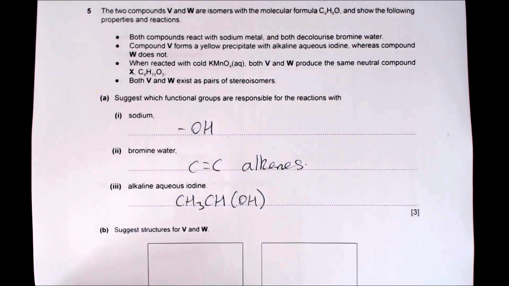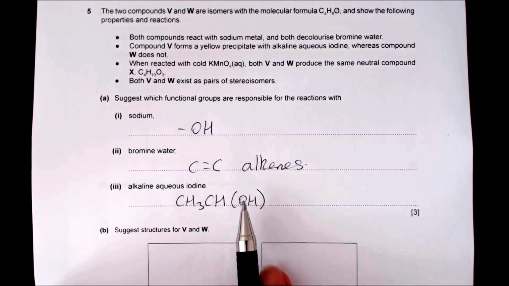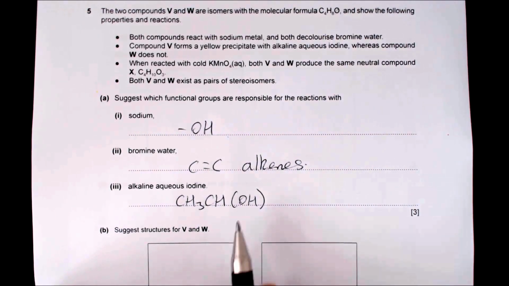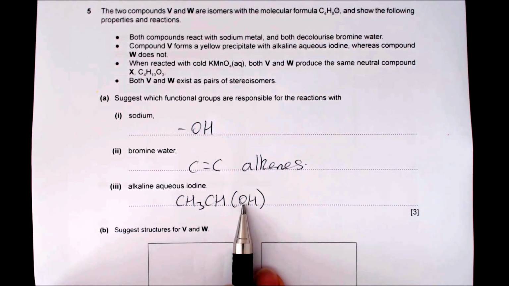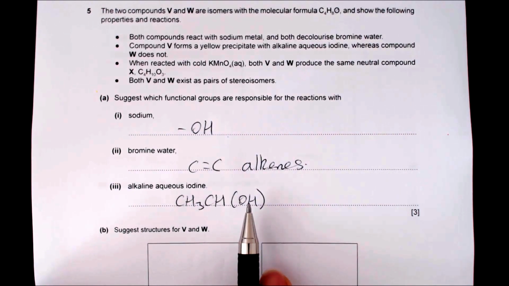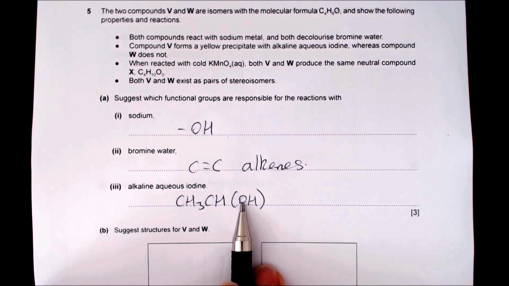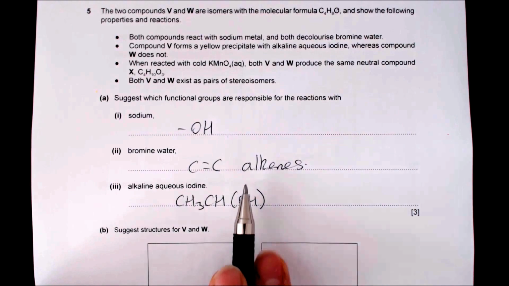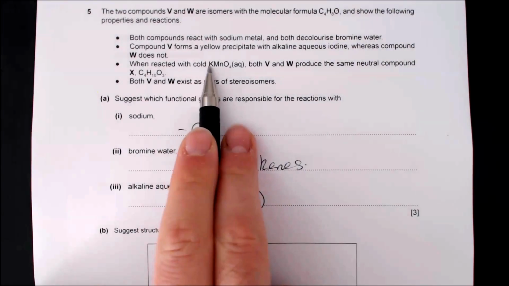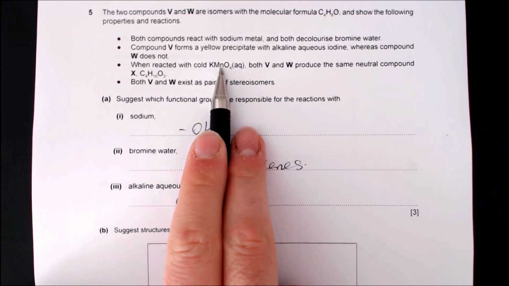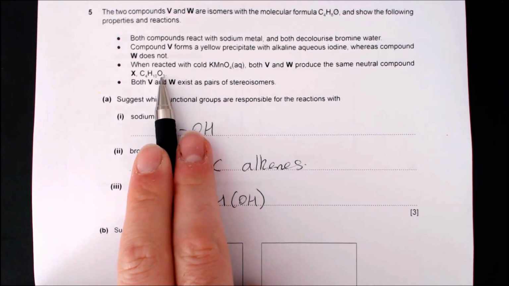This is the iodoform reaction, and you may have heard of that at school. But crucially, V will form this compound, but W doesn't. So V must have this secondary alcohol in here, and W must not be a secondary alcohol. It must have an alcohol in, but it's not a secondary one, so in other words, it's got to be primary. But both will have a double bond in there. But crucially, when we react it with cold potassium manganate, effectively we've got to have 3 alcohol groups.